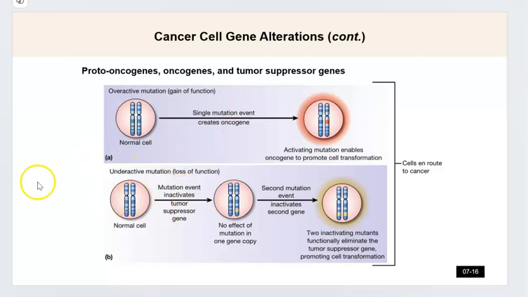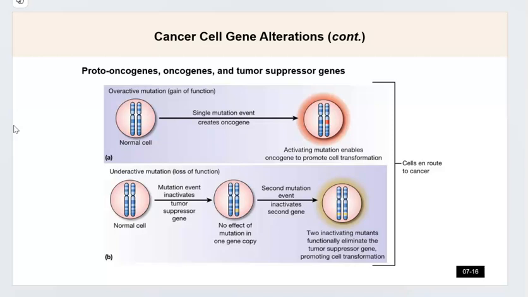This is a visual example here of proto-oncogenes becoming oncogenes and the activity of tumor suppressor genes. So we have two essentially different types of genes that are at work. Remember we said we have these gain of function genes from proto-oncogene to the oncogene, and then we have the tumor suppressor genes.